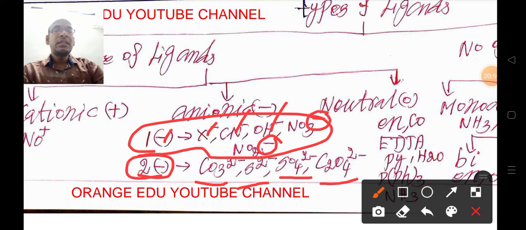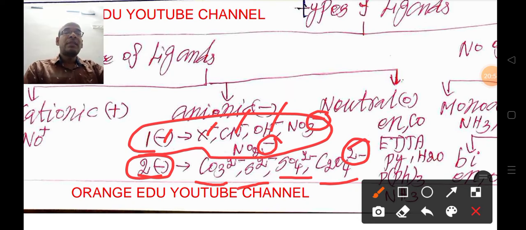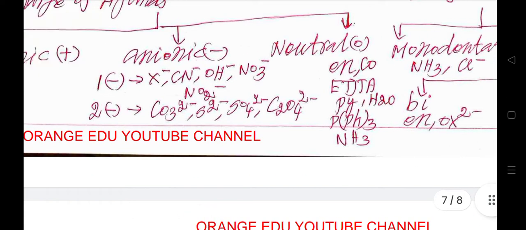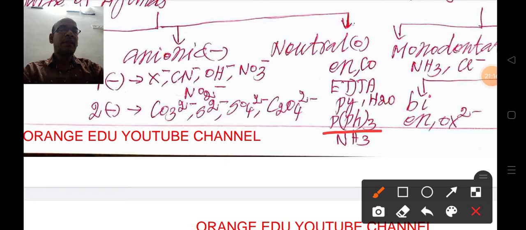These ligands have a charge of -2. This is important for solving the oxidation number of the central metal ion. Also the neutral ligands: en ethylenediamine, carbonyl, EDTA, pyridine, H2O, triphenylphosphine, ammonia. These ligands have zero charge, that is, neutral ligands.